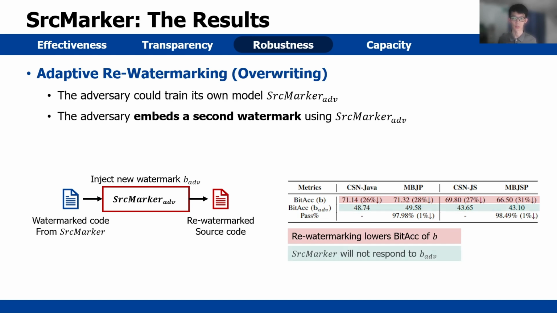However, SrcMarker will not respond to the adversary's watermark, as the accuracy of this adversary's new watermark is still at chance level. This is because SrcMarker and SrcMarker adversary are two distinct models, and the extraction module of SrcMarker will not respond to those changes made by SrcMarker adversary. This also demonstrates the advantage of end-to-end training.